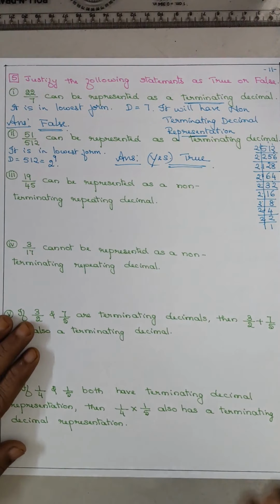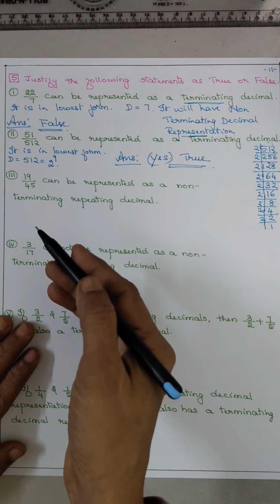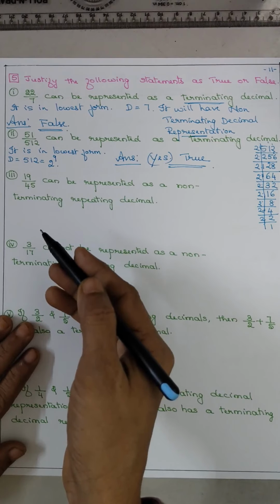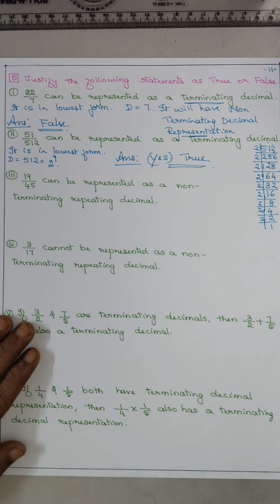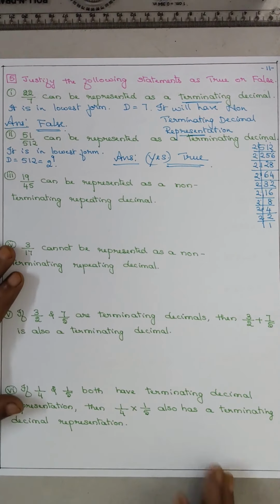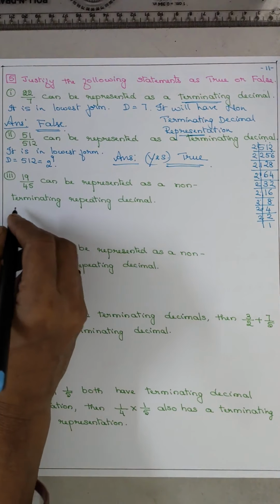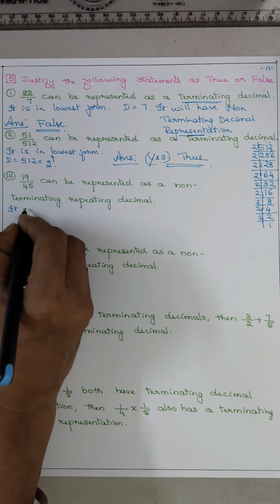Okay. Now 19 upon 45 can be represented as a non-terminating decimal. Now 19 and 45 are in the lowest form.